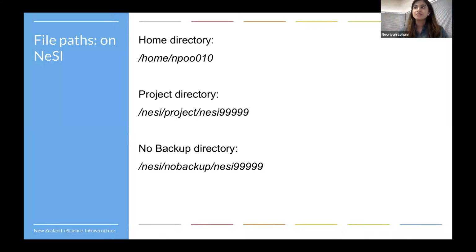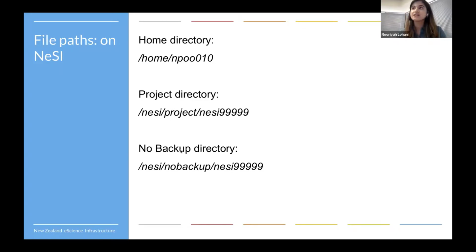Whereas the no backup directory has no limit on the disk space, so you can put large data files on it. But the point to note is that this data can be lost or will be deleted after a certain time. So if there's some data that you don't want to lose at any cost, I recommend you put it in the project directory.